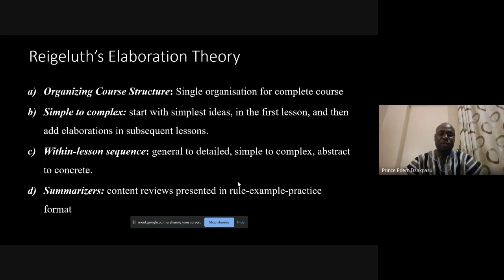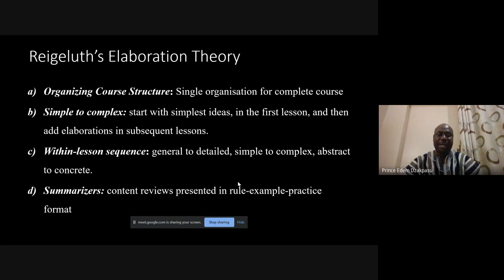Then we should also take a closer look at what we call the within lesson sequence. How is the lesson moving from one step to another? We should have a general to a detailed way of explaining theories or aspects of what we are learning. You start from the general and then you move on to the detail. We start from what is simple and then we move on to the complex levels.